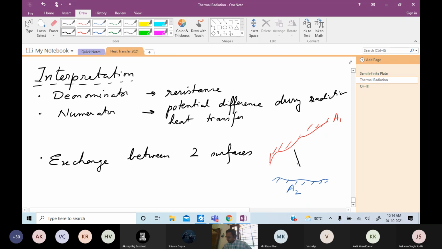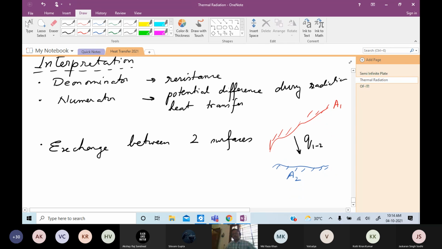And then I have radiation exchange Q1 to 2. Now what would be Q1 to 2? Q1 to 2 would be whatever 1 gives out to 2 minus whatever it receives from 2.